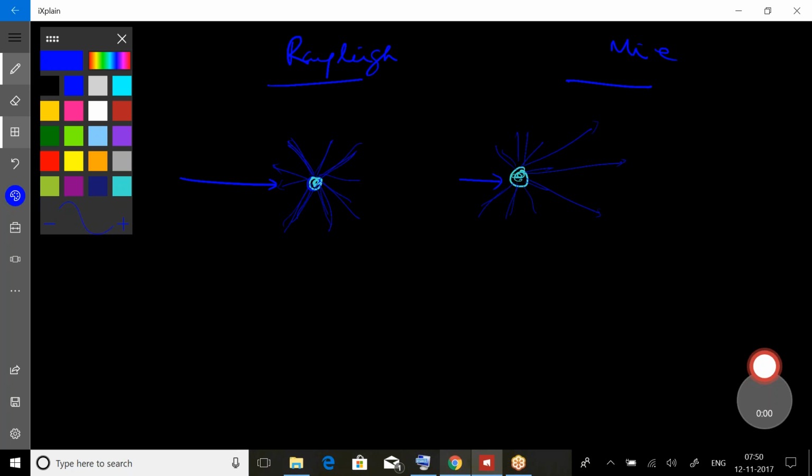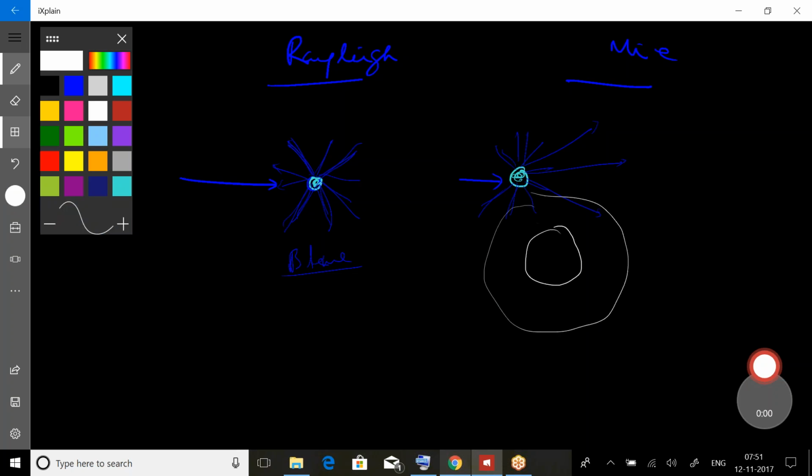So where do we see this? The sky looks blue because of the Rayleigh scatter, and because of the Mie scatter, we see the bright halo around the sun.